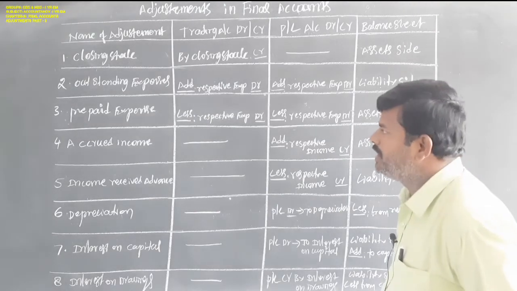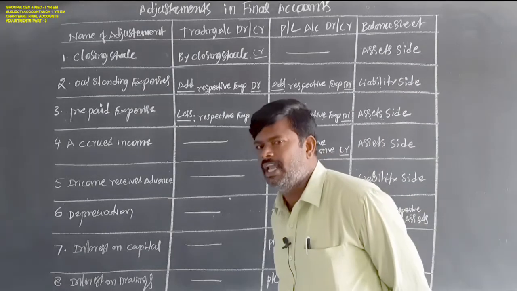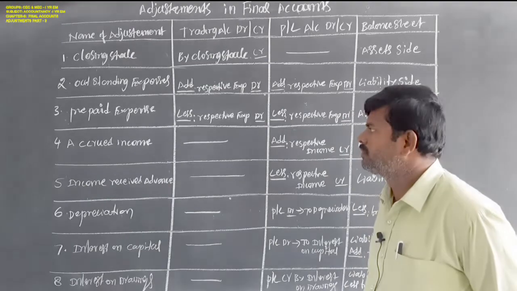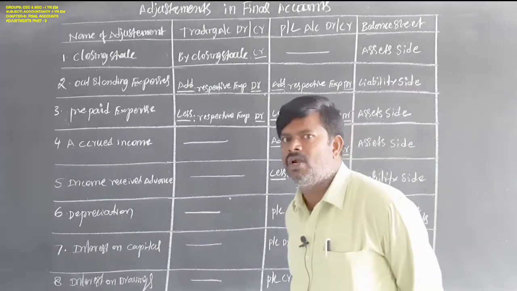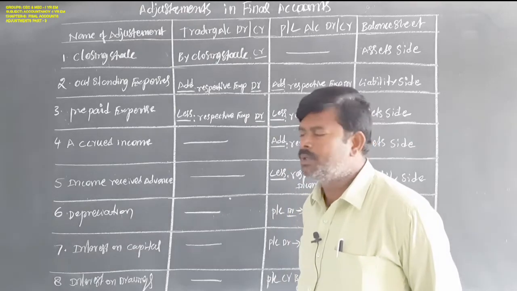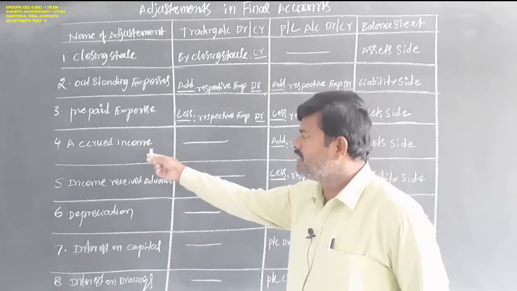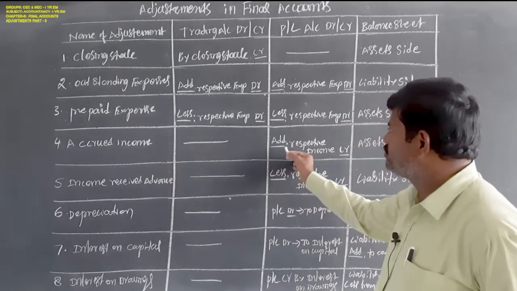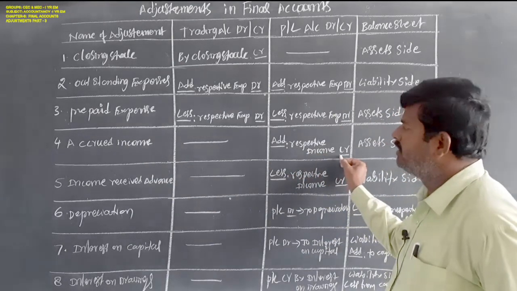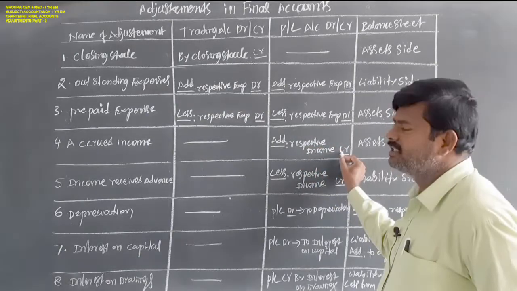Next, accrued incomes. Accrued incomes means income to be received. All incomes must be recorded on the P&L account credit side. So the accrued income must be added to the respective income on the credit side.